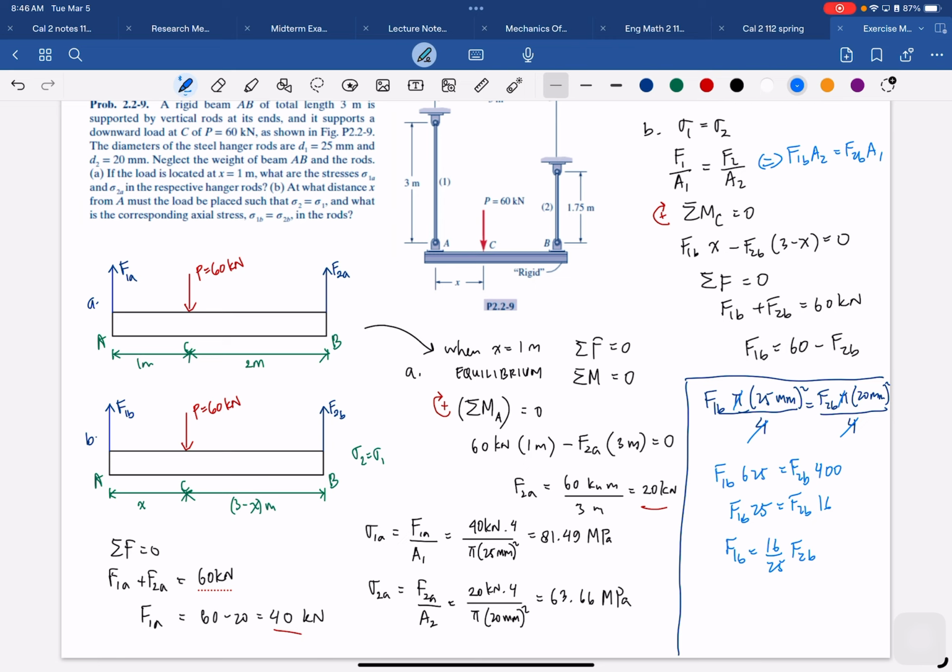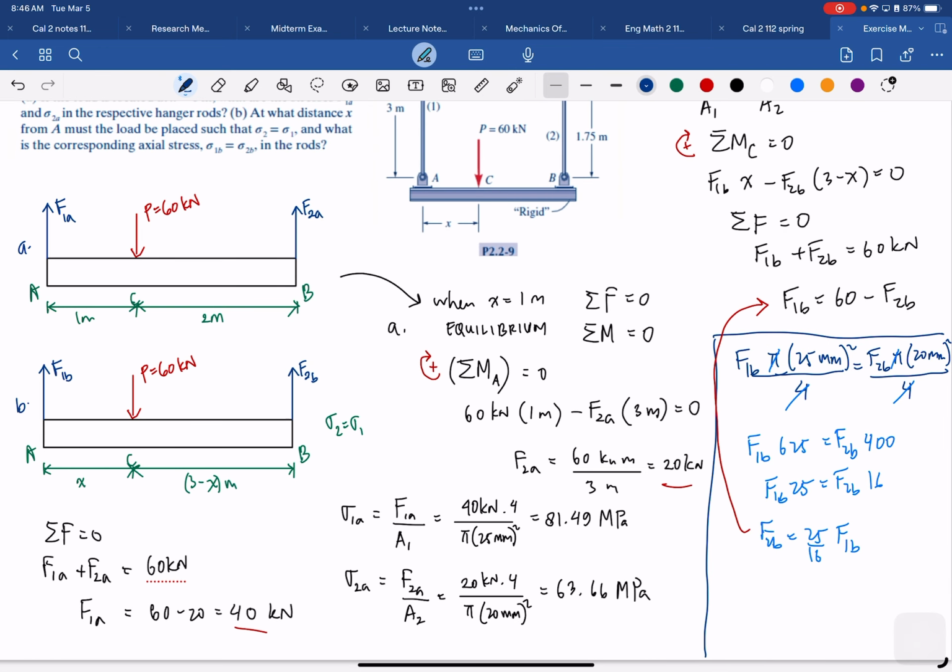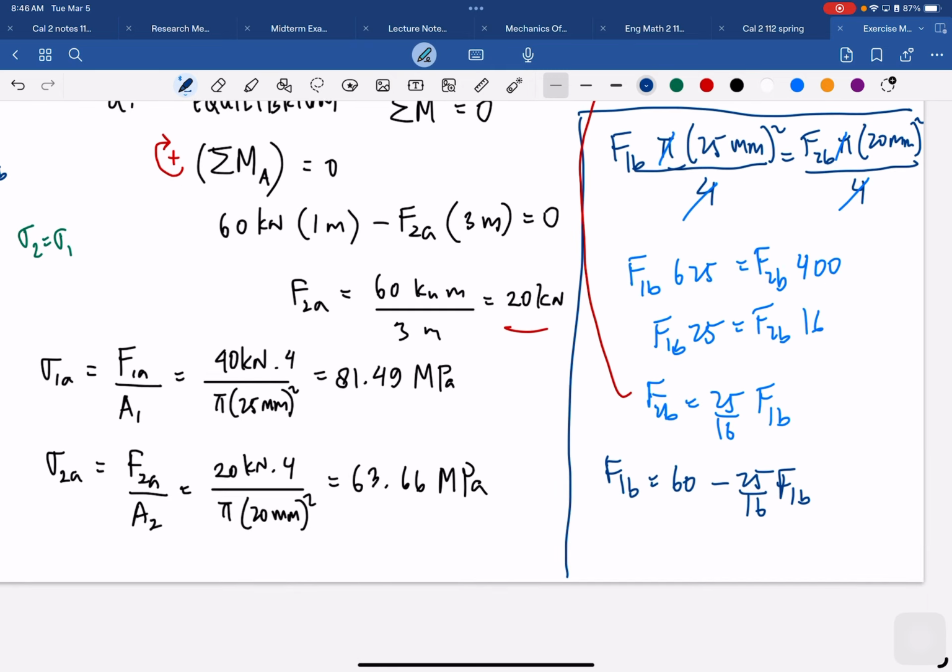So F1B, or maybe F2B, to make it easier to calculate with the other one. So I will substitute this here. I will get F1B. So F1B is 60 minus 25 over 16 F1B. So the number is not good.